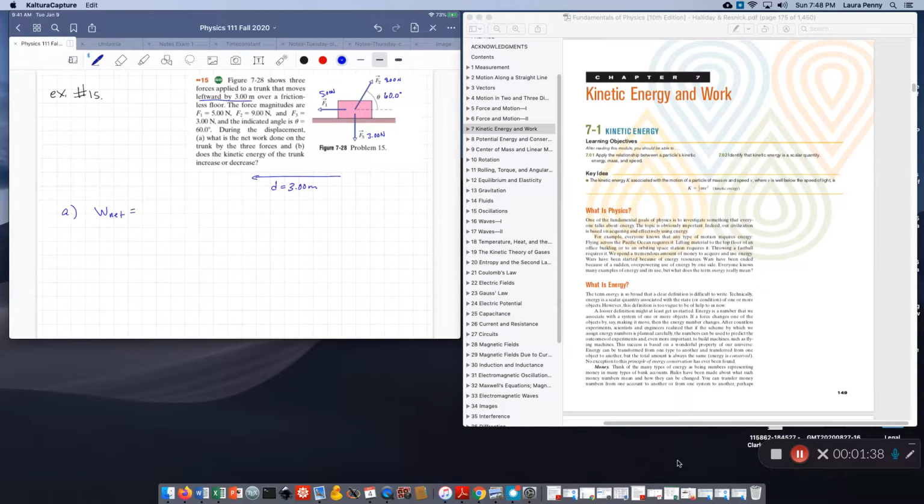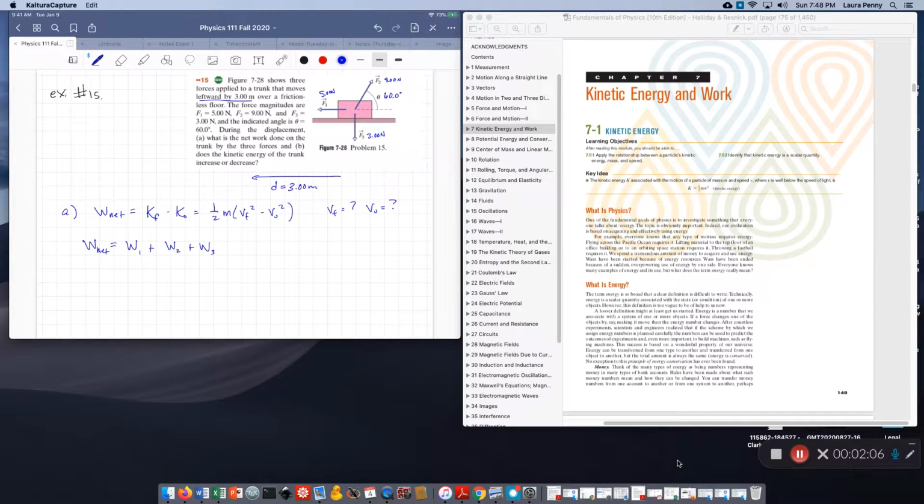Although W net does equal final minus initial kinetic energy, which is 1/2 m v final squared minus v initial squared. I don't know v final, and I don't know v initial. I might be able to come back and use these later on, but I'm not going to be able to use them now.